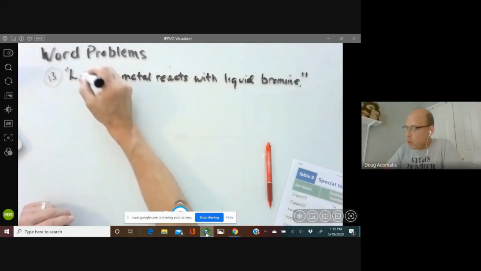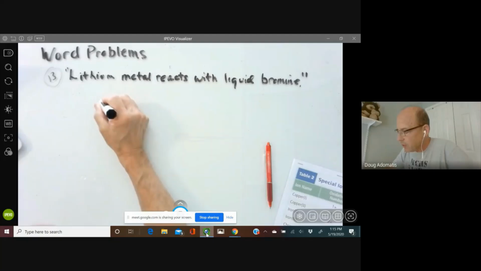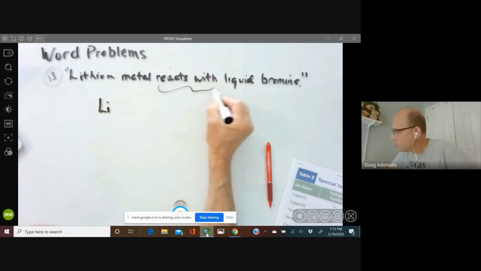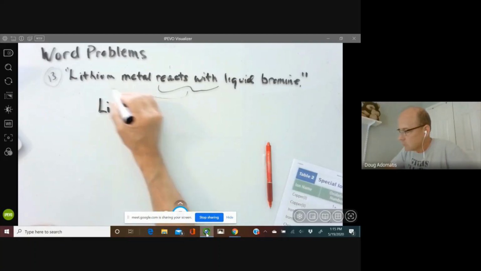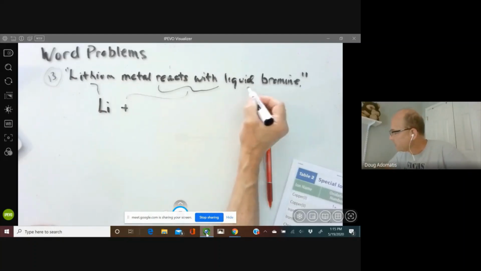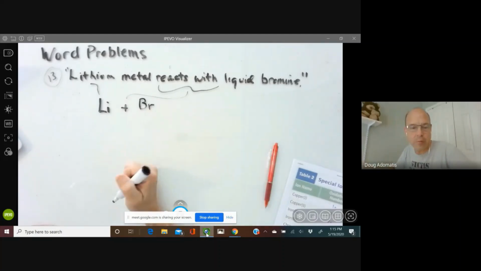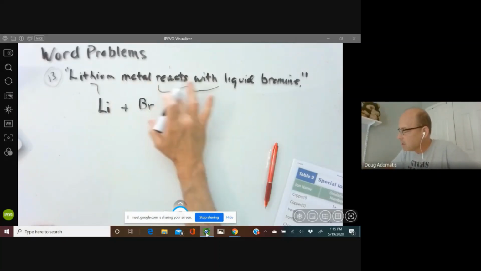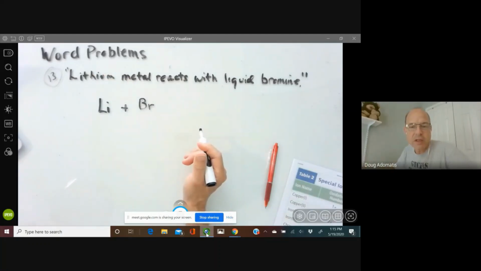Obviously we've got some lithium, and that is going to react with, that means a plus sign, liquid bromine, and here's the chemical symbol for bromine. Now, this isn't a complete symbolic description because we need some additional things.